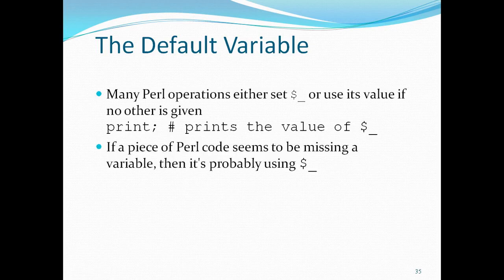If a piece of Perl code seems to be missing a variable, then it's probably using $_, we can assume. So if you're doing some operations and not using any variable, and you want to print it, you can use the $_ symbol so that it gets printed onto the screen output. Let's see how we use this in a sample example.